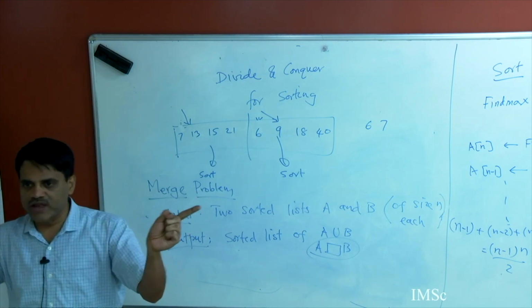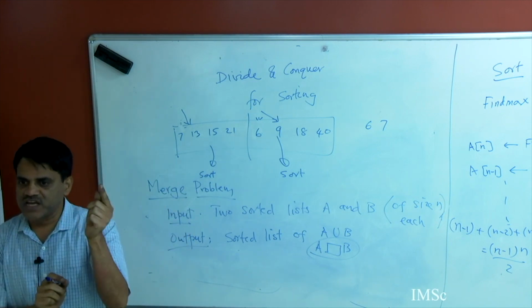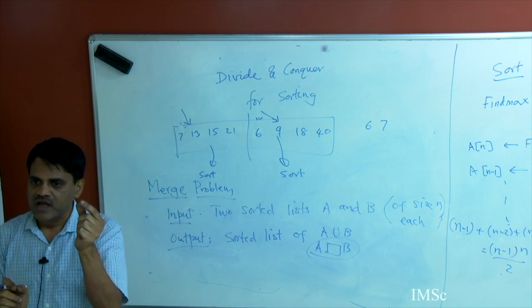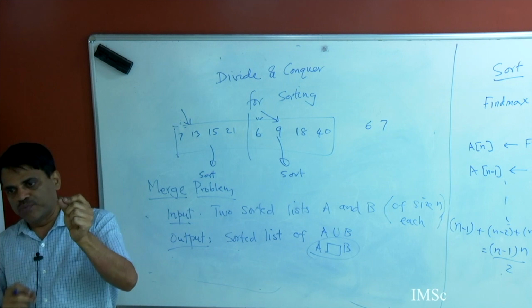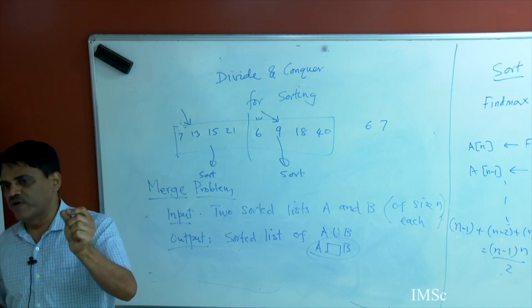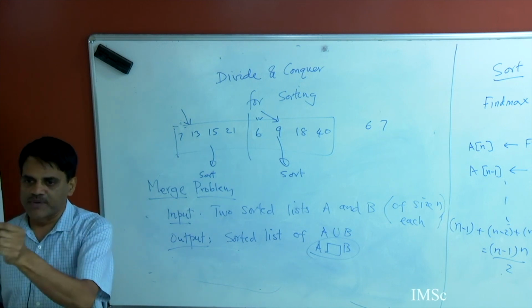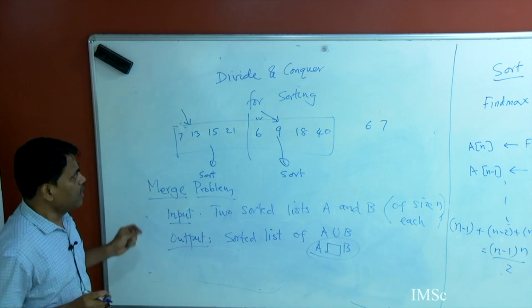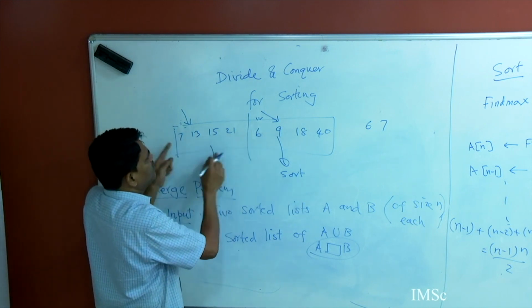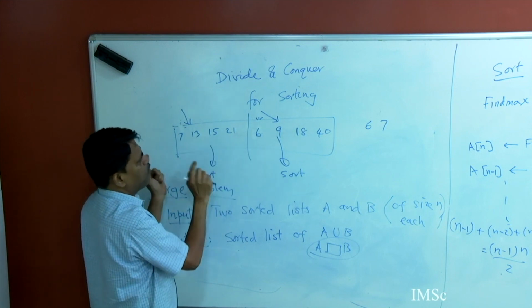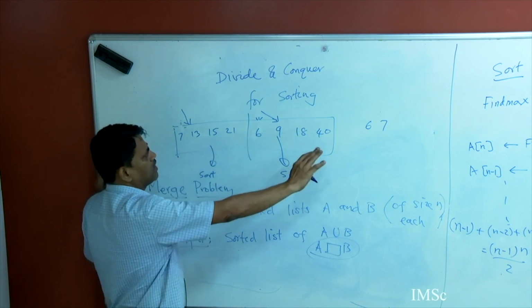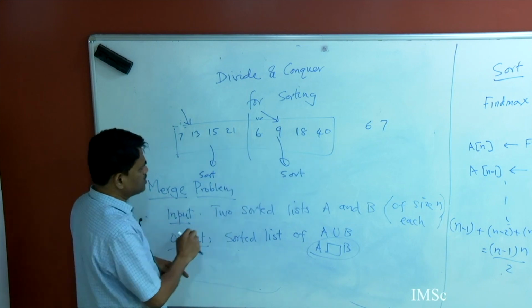Remember, you have an I variable going on one list, J variable going on another list, and you compare this A[I] and B[J]. Whichever is smaller, you output it in some K variable moving. I gets updated to I plus 1. So you can keep doing this. Compare the current minimum, output it, and move that pointer right. And at the end of it, you will have your sorted list.